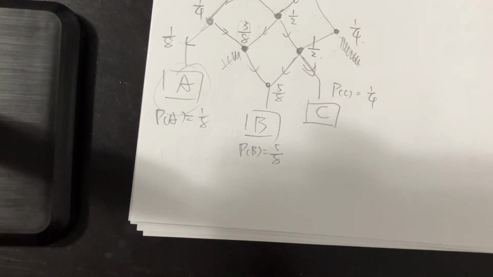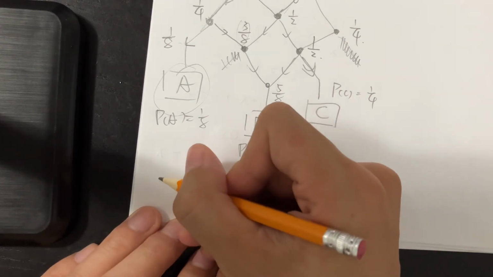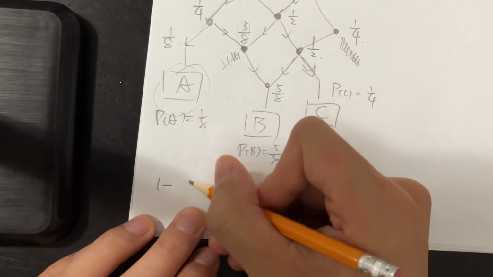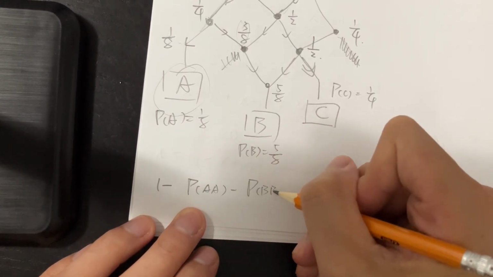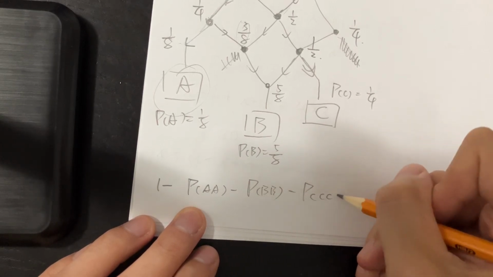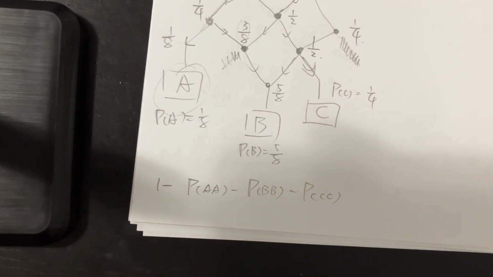I'm going to deduct those bad situations, those bad probabilities, from the whole, which is 1. So it would be 1 minus PAA minus PBB and minus PCC. So AA, BB, CC would be 3 bad cases. I just want to deduct them, and the rest would be all good.